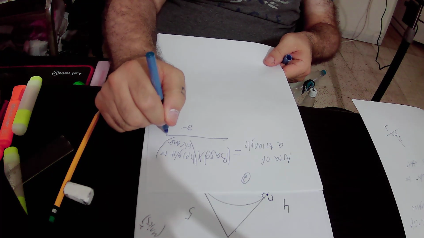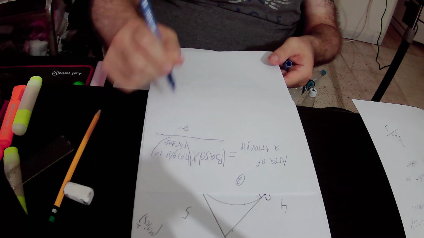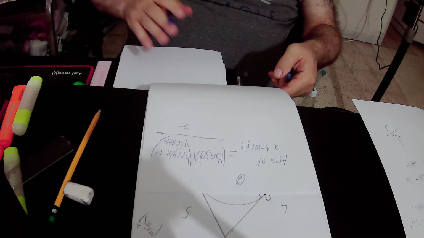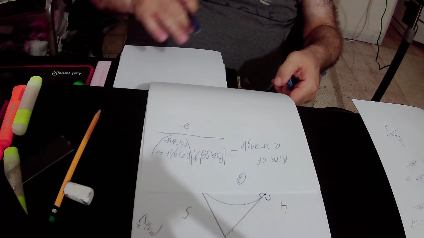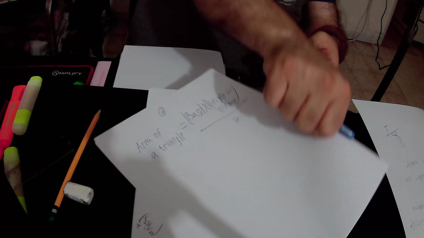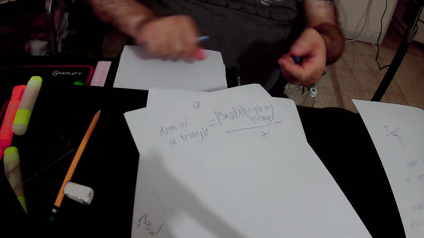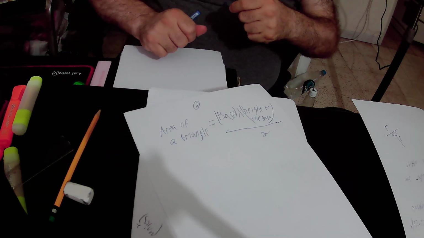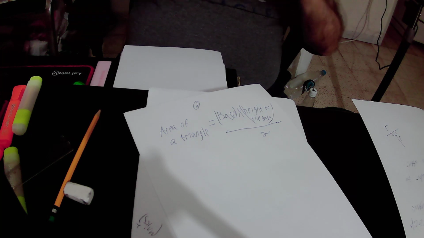It is true for all triangles. The area of any triangle equals the base times the height to the base divided by 2.